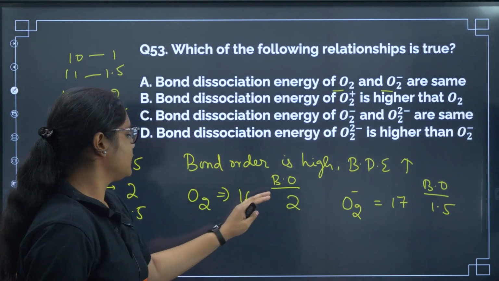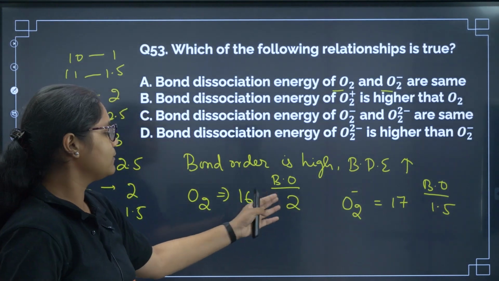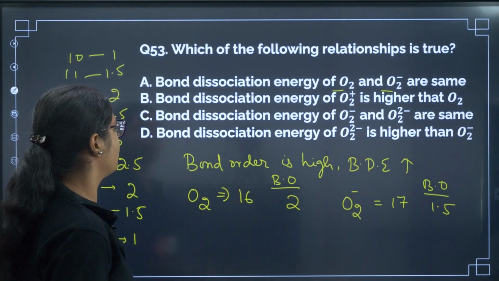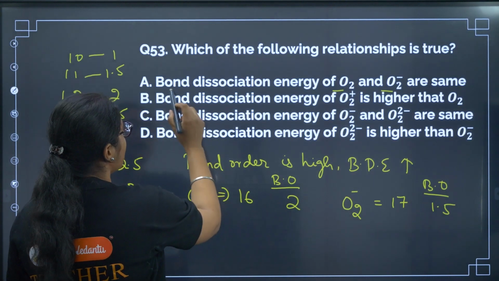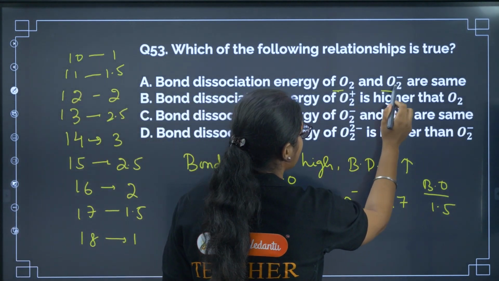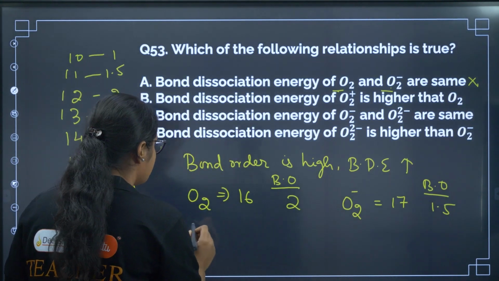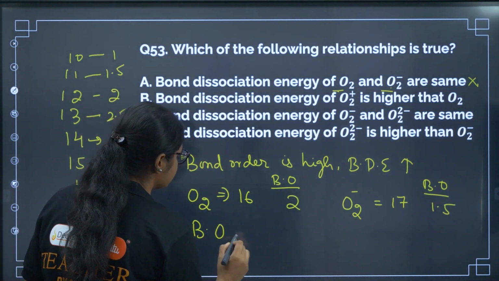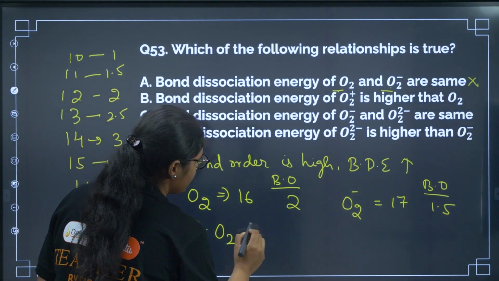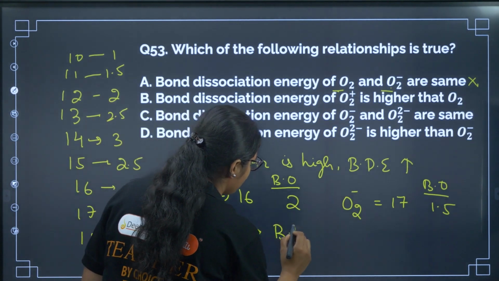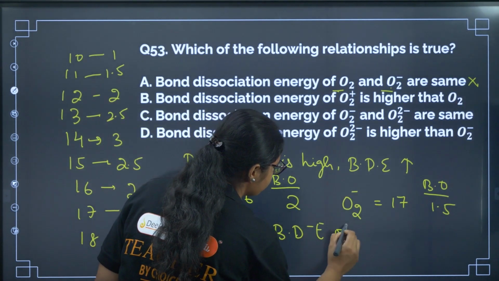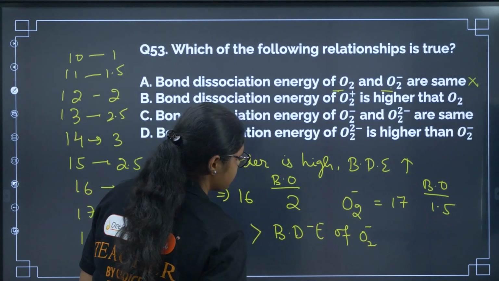So you can see, if bond order of O2 is more, then the bond dissociation energy of O2 will be more. What is the question given? Bond dissociation energy of O2 and O2 minus are the same. That is not correct, right? So what is the conclusion here? Bond dissociation energy of O2 is more than bond dissociation energy of O2 minus, right?